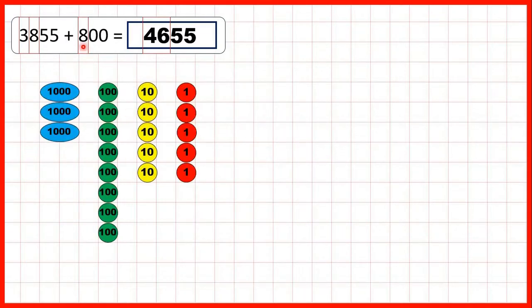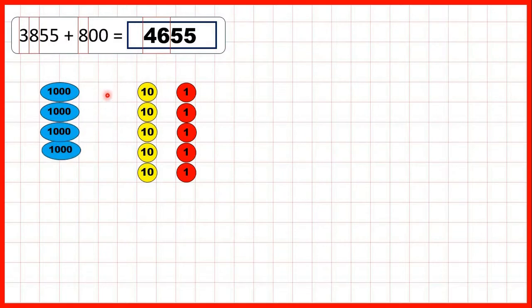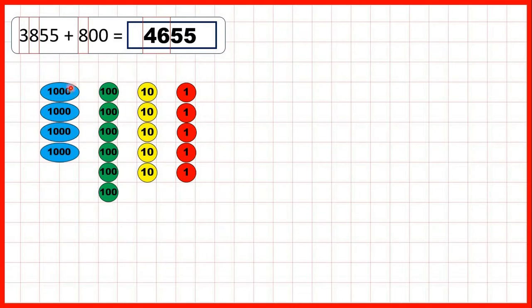Or with place value counters, we're adding 8 hundreds, so we can add 1, 2, exchange, then add 3, 4, 5, 6, 7, 8 to give us 4 thousands and 6 hundreds in our answer.